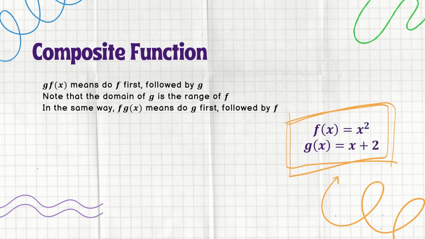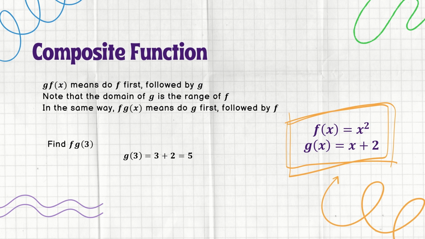For example, we've got f(x) equals x squared and g(x) equals x plus 2. And the question asks us to find fg(3). So as I stated before, fg(x) means do g first. So we need to do g of 3 first. That means we put 3 into the g function.